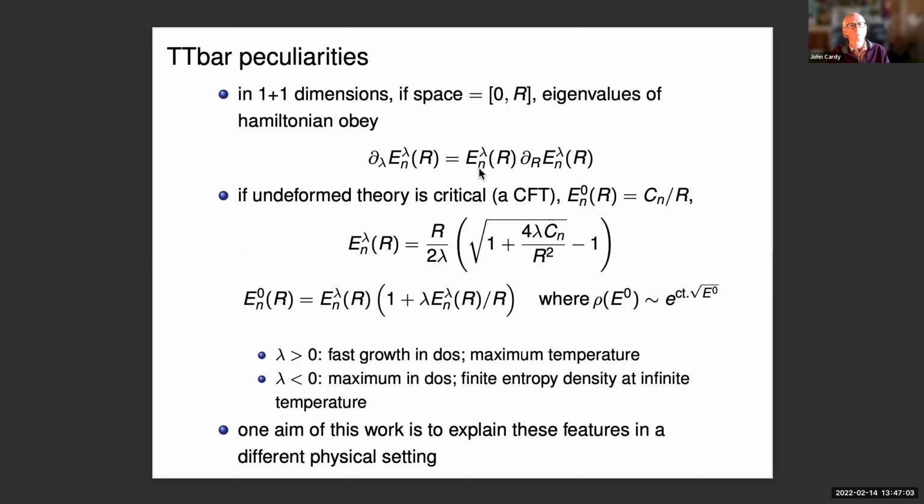And the fact that it's non-linear gives rise to a singular behavior of the solution. If the undeformed theory is a conformal field theory, then the undeformed eigenvalues all scale like a constant over R, and then this solution of the equation looks like this, with this all-important square root here, which obviously gives rise to a singularity if lambda c is negative.